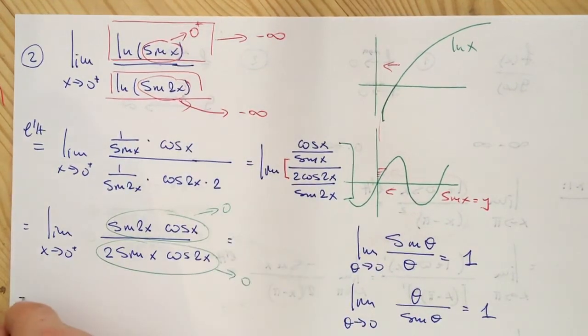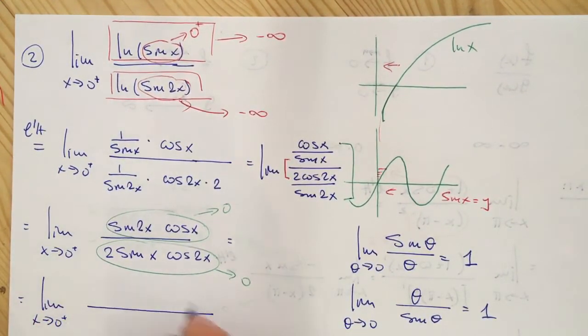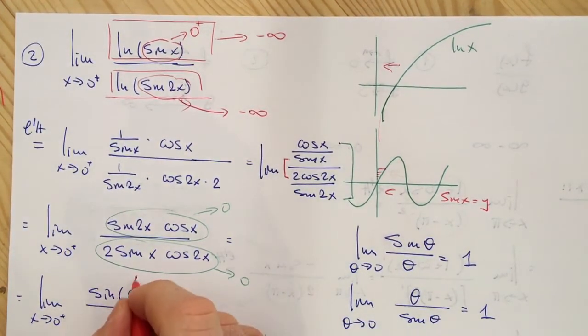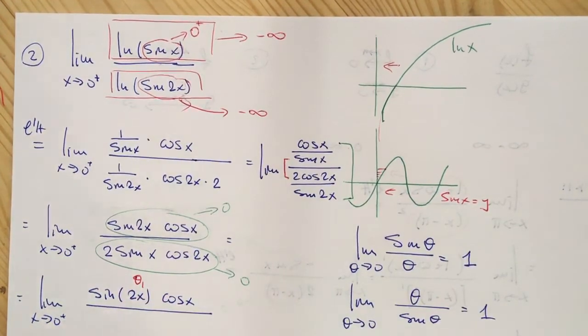Why do I say this? Well, as x goes to 0 from the right, I have sine of 2x, so in the first case here, theta is 2x. This is my theta here, let's call it theta 1, and I have to divide it by the same angle.